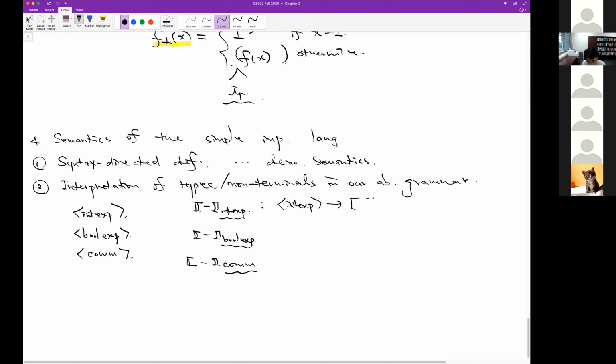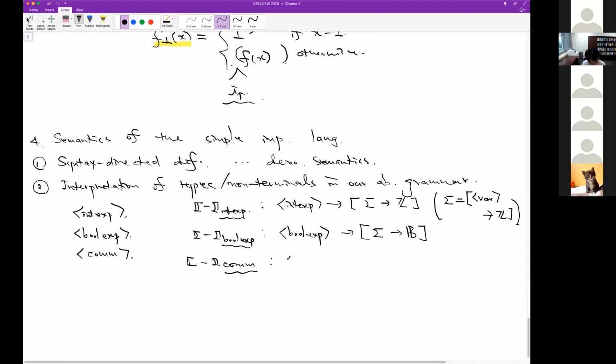In this case, it's going to be a mapping from states to integers, where sigma is the set of all functions from variables to integers. And then for Boolean expressions, it's going to be a mapping from states to Booleans.